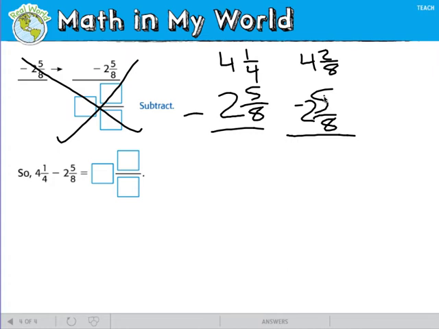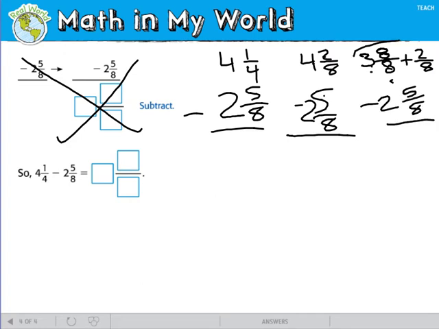We said we can't take 5 out of 2, so then we regroup this to 3 and 8 eighths plus the 2 eighths. Because remember, 3 and 8 eighths, that's 3, that's 1, which equals 4. Subtract 2 and 5 eighths.